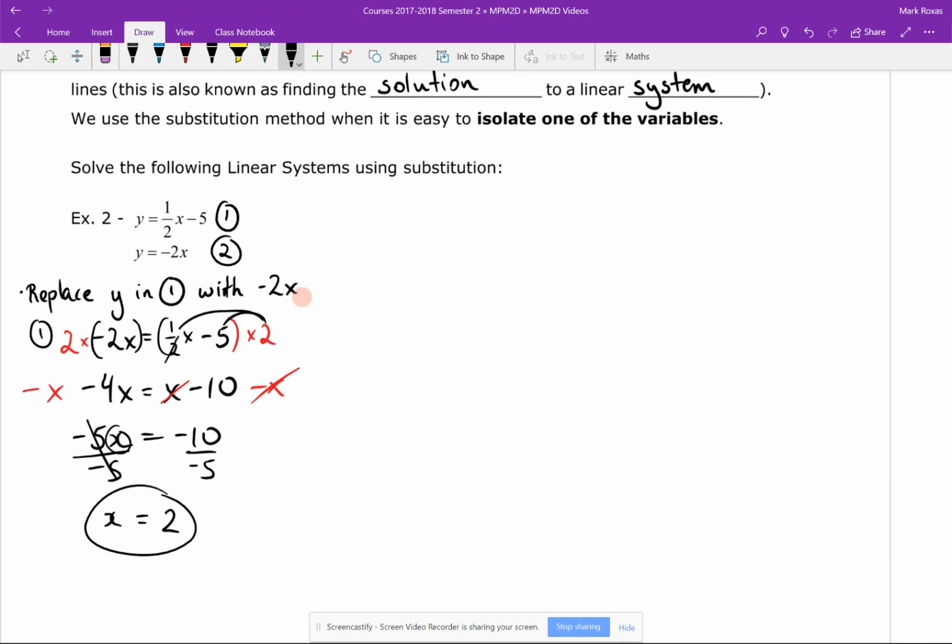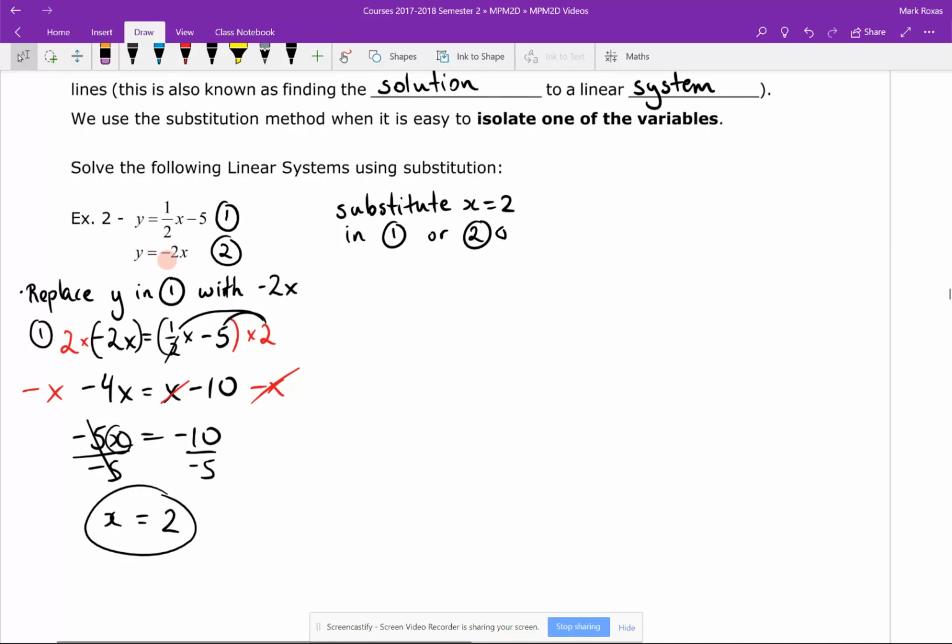Okay, now I still need the value for y. So what you have to do is substitute this x value back into one of the equations. So substitute x equals 2 in either equation 1 or equation 2. Which one looks easier? Well, if I use equation 2, I only have one step to find my y value.